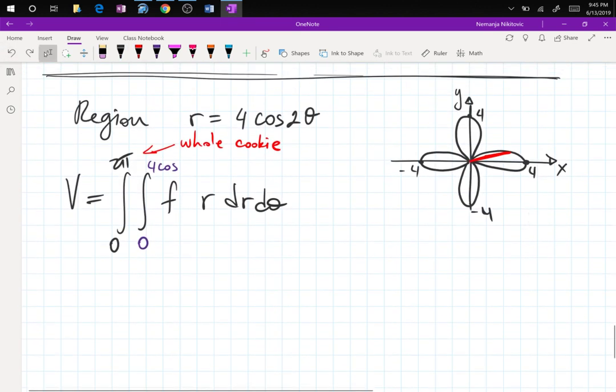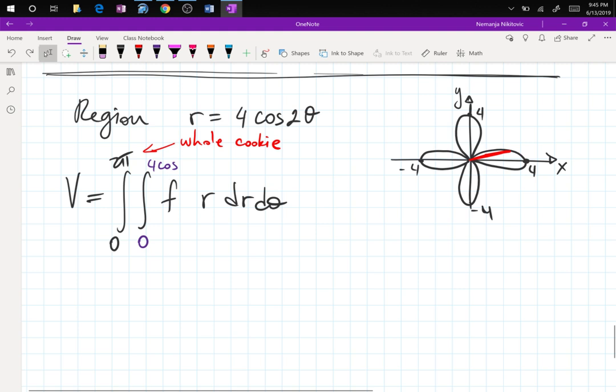I could have put blah over here, better than f actually, because it's whatever the top of the cookie looks like. The top of the cookie will be governed by some equation as well.